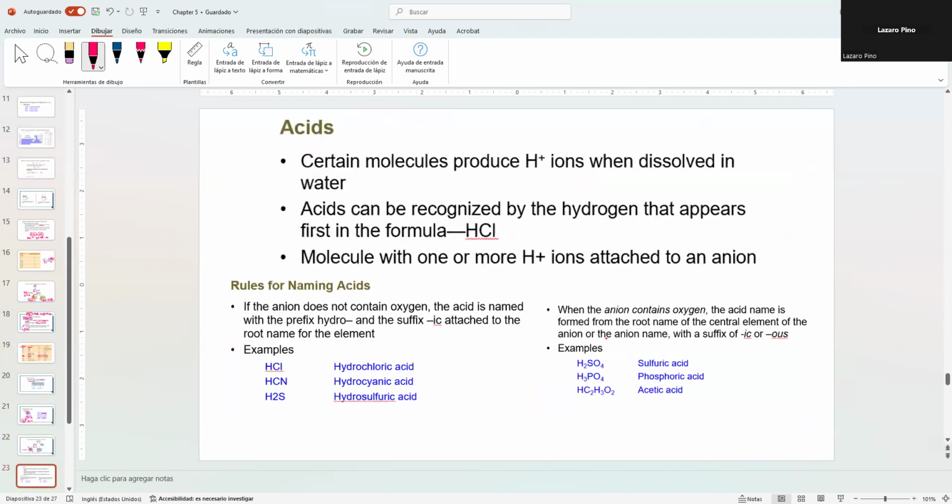Well, let's continue. We have certain compounds that we call acids. What are acids? Well, they are compounds that produce hydrogen ions when they are dissolved in water. Acids can be recognized by the hydrogen at the beginning in the formula.